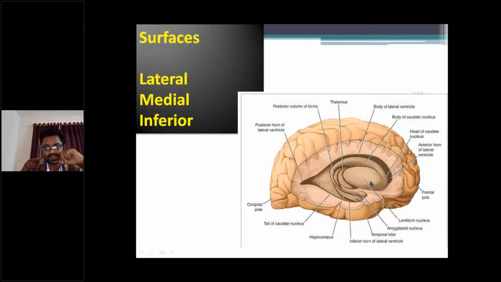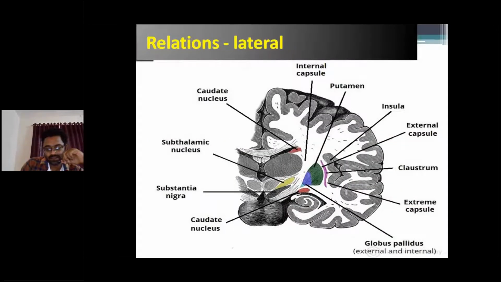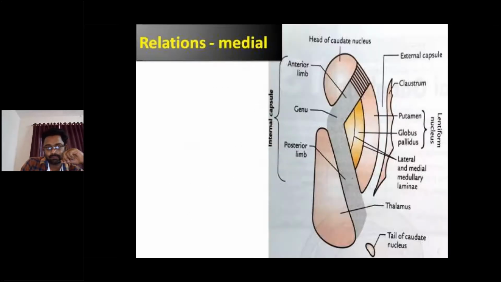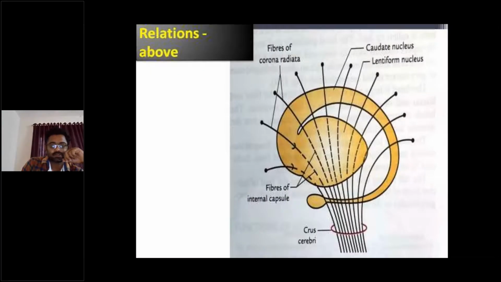In this picture, this is lateral, medial, and inferior. So lateral relations, medial relations, inferior relations. And above, nothing special, it is related to the corona radiata or fibers of the internal capsule.